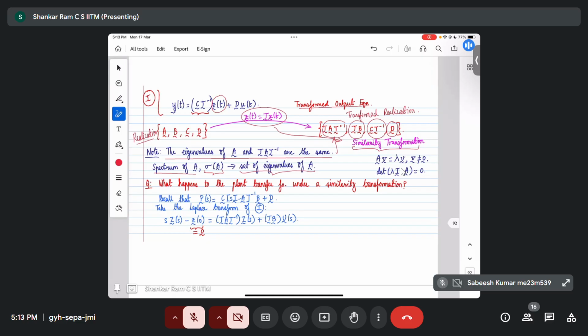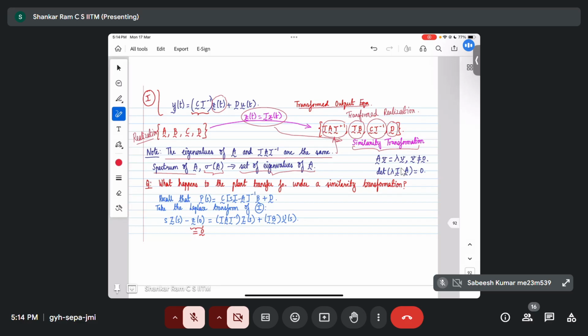And many times when we use similarity transformations, we observe that the algorithms for solving it computationally also become simpler in structure. So that is the advantage of using a similarity transformation. It is not the only advantage, but we can get a simpler structure and possibly easier computation when we want to solve and analyze the state equations.